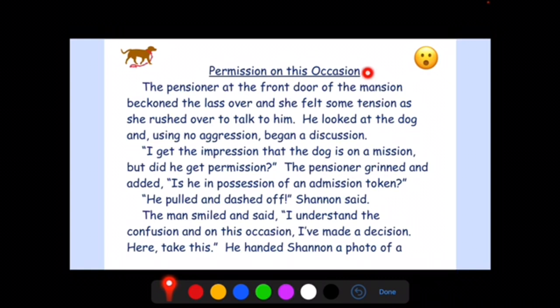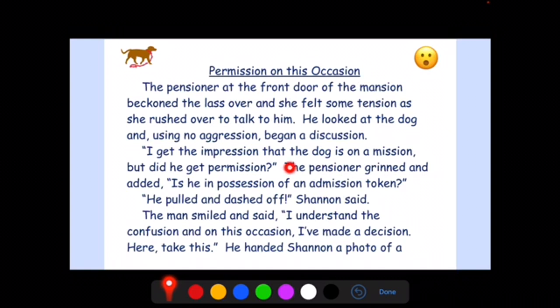Permission on this occasion. The pensioner at the front door of the mansion beckoned the lass over, and she felt some tension as she rushed over to talk to him. He looked at the dog and, using no aggression, began a discussion.